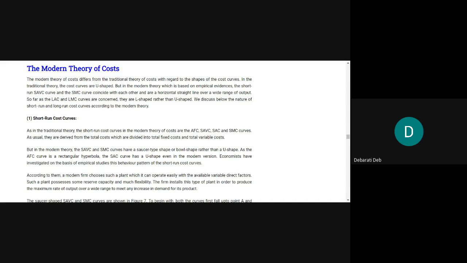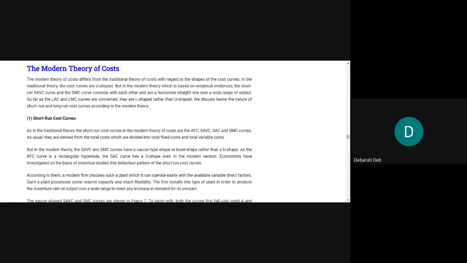And in the modern theory, the short run SAVC curve, that means short run average variable cost curve, and the SMC, that is short run marginal cost curve, will coincide with each other.